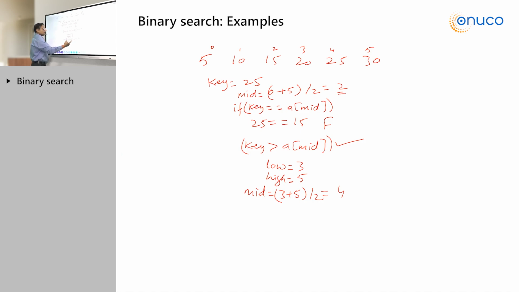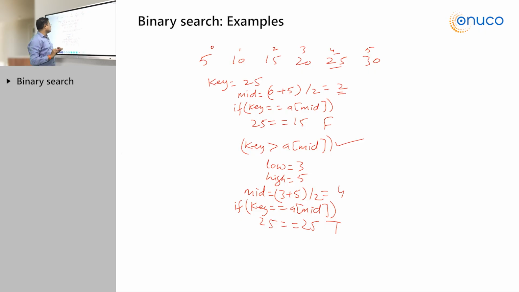Now let us see again. We are going to compare the key element, whether it is equal to a of mid or not. So key 25 is equal to a of mid, a of 4. A of 4 is 25. Both are equal. Hence 25 is present in the given list.